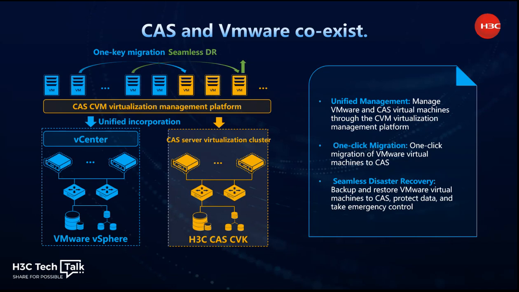We are saying, let's install CAS into the environment, and you can start running these two in parallel with each other. And because we can manage each other, it becomes unified in terms of the management, and it becomes almost like a disaster recovery plan for the both of them, because we can run the virtual machines on either one of them, snap them, back them up, or whatever we would like to do.